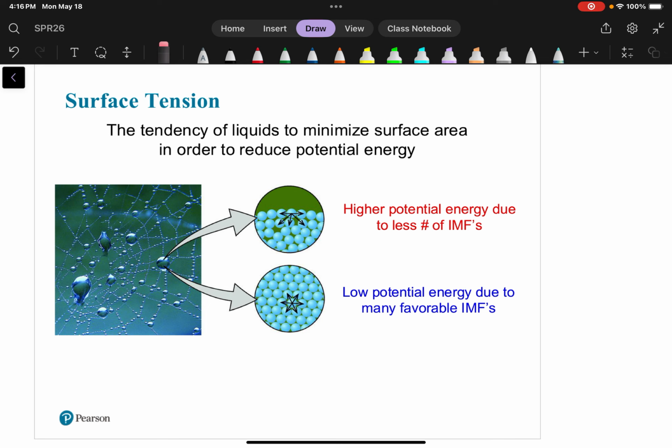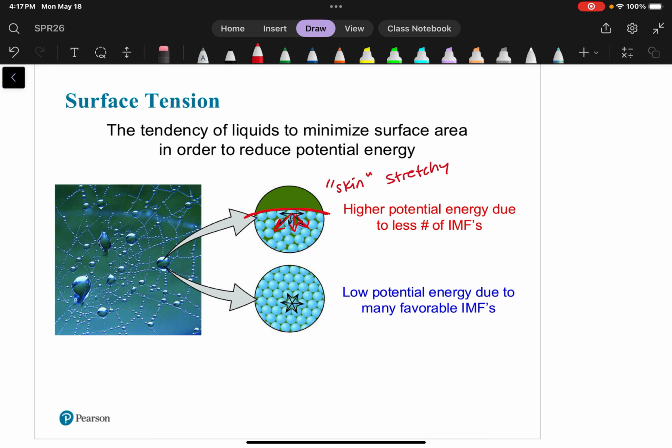This means that the surface is pulled downward, inward towards the rest of the solution, which we call the bulk, and that leaves us with a skin type layer, which sounds a little bit funky, but it's like a stretchy layer at the top, and we refer to that as surface tension.